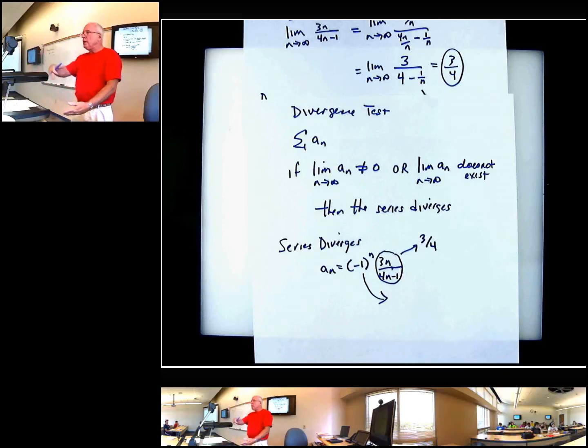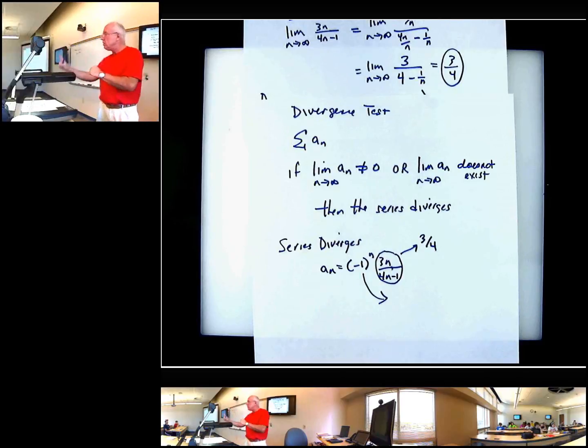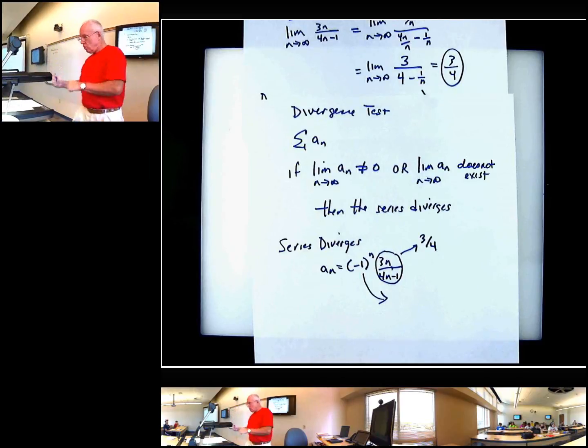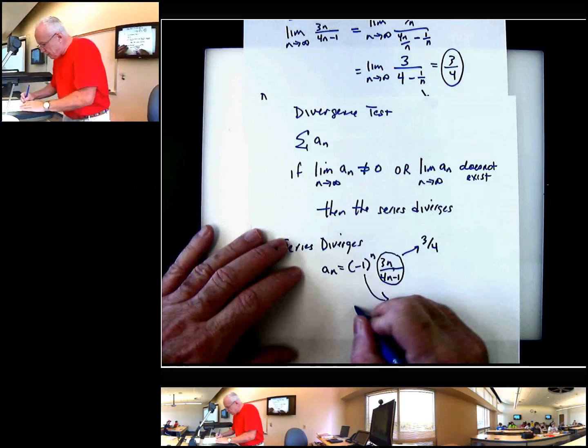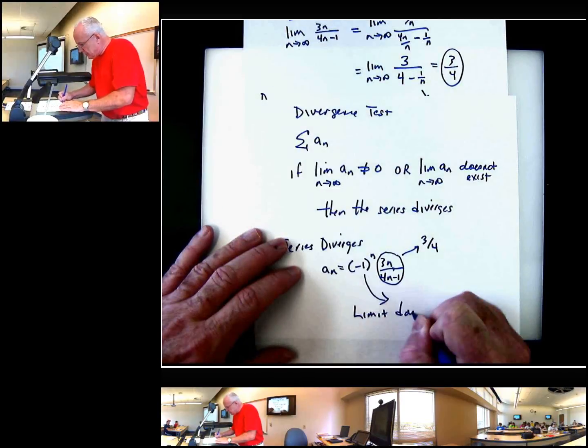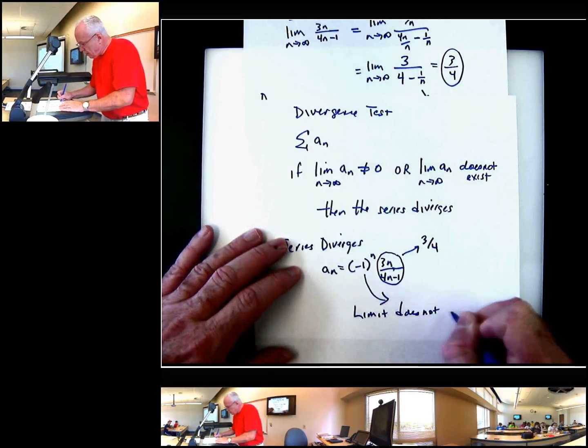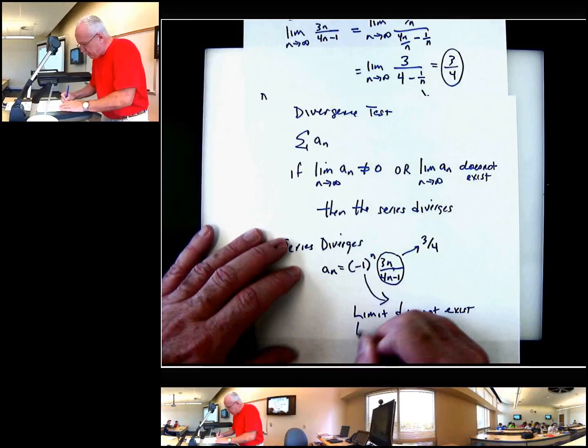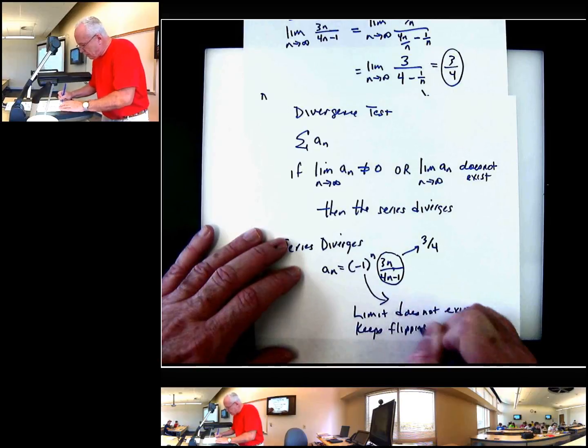And when a limit flips back and forth like that, it doesn't exist, because it has to equal one single finite number. So this limit does not exist, because it keeps flipping back and forth.